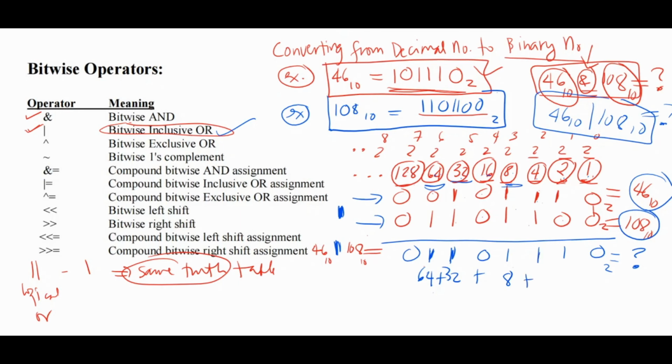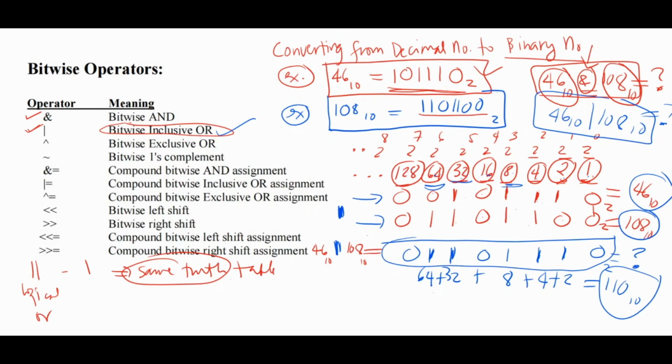And then this one here is 4, plus 4. And the last one here is 2. So what is 64 plus 32 plus 8 plus 4 plus 2? That is equal to 110 base 10. So this is the decimal number 110 equivalent to this binary number.